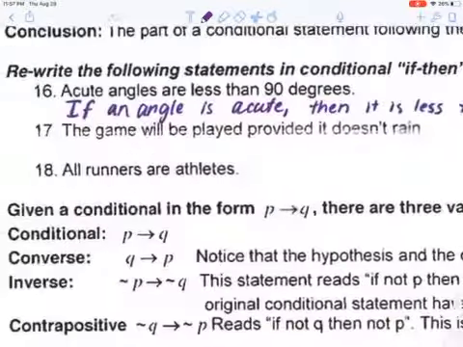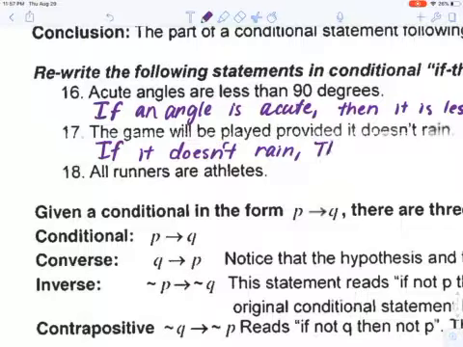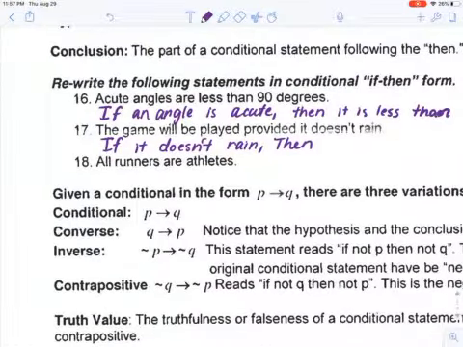17. The game will be played provided it doesn't rain. If it does not rain, then the game will be played.